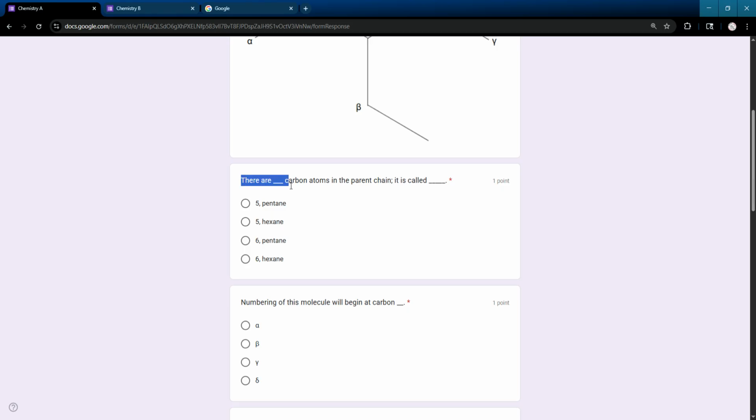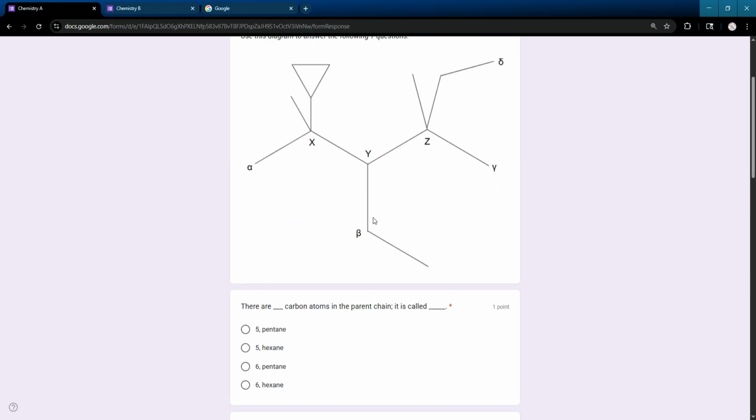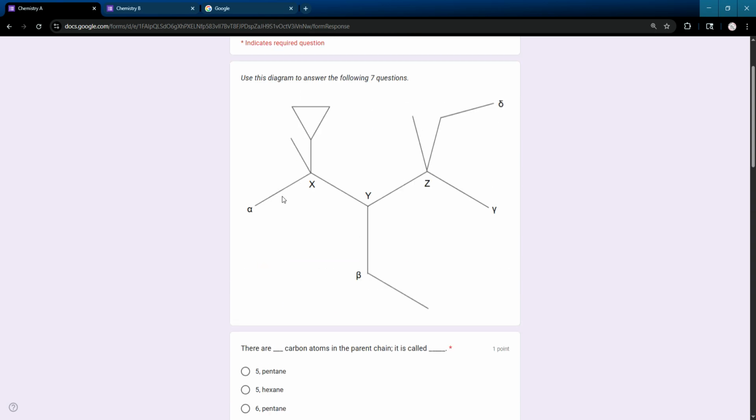There are blank number of carbon atoms in the parent chain, and it is called blank. One, two, three, four, five, six, 7. So that's not it.